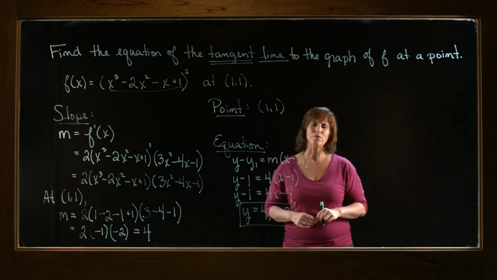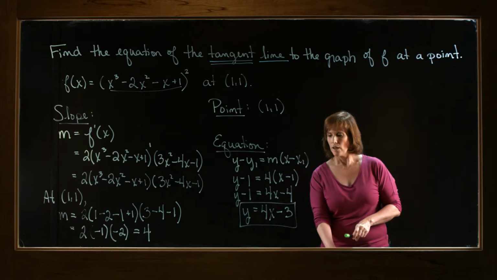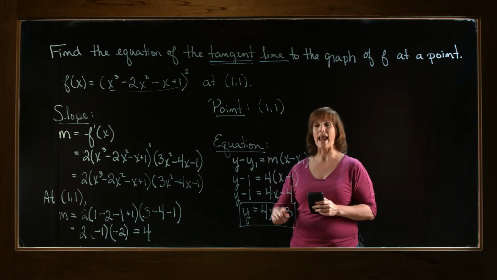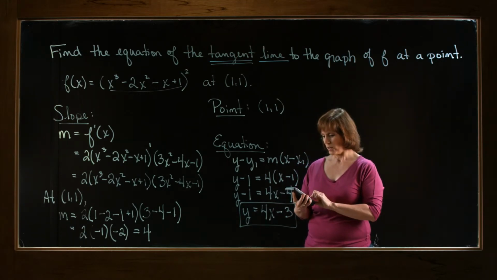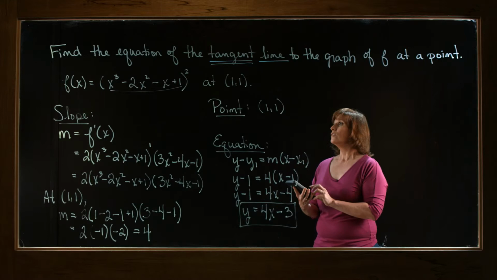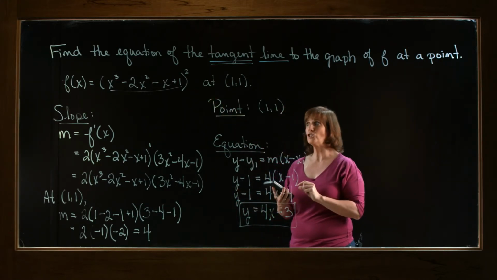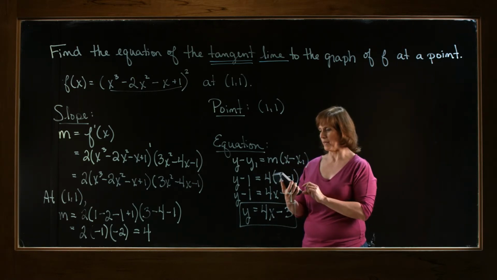Now let's use a graphing utility to help me visualize my result. I'm going to begin by entering both my function and the equation of the tangent line into my calculator. So I'll begin by carefully entering this expression, making sure that I use parentheses so that I square the entire cubic piece.